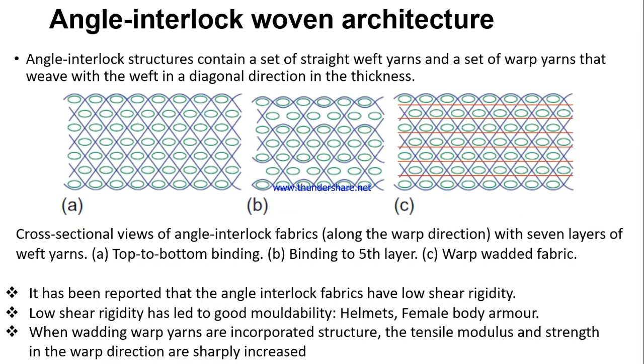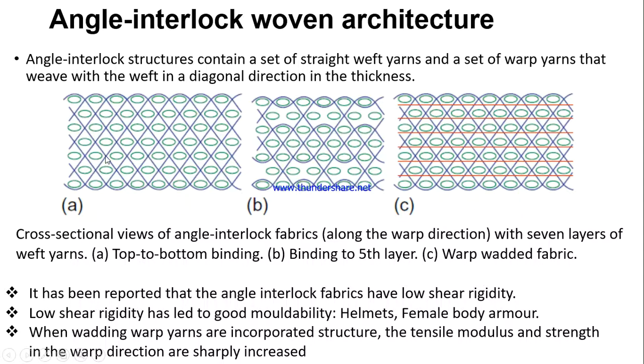The cross-sectional view of an angle interlock fabric along the warp direction is shown here with 7 layers of weft yarn. These green color yarns are weft yarn. There are 7 layers of weft yarns. A, top to bottom binding. Here figure A is showing the top to bottom binding.